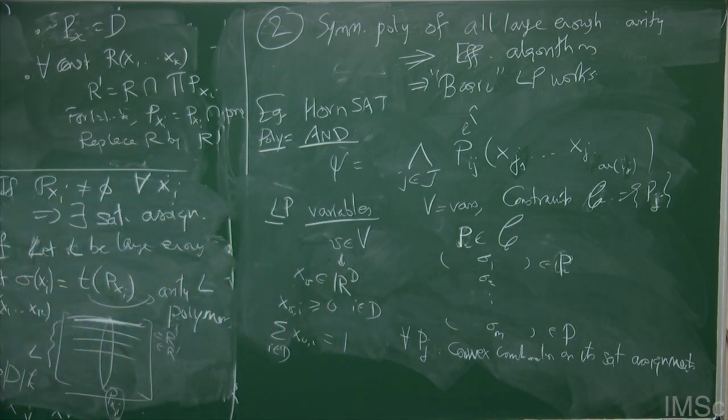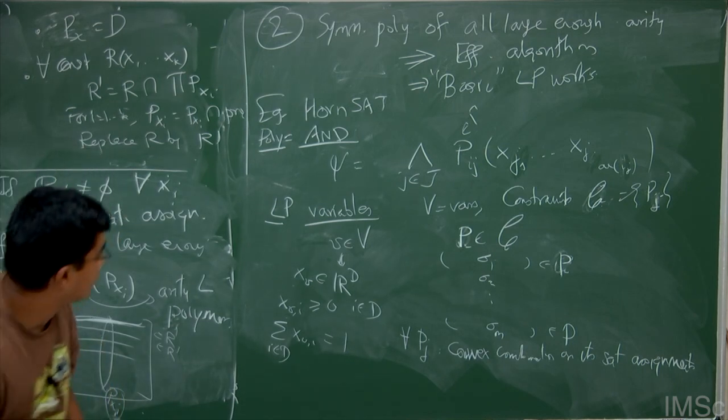It certainly works for the Boolean case. Now in the non-Boolean case, it's a little bit difficult to write down. So let me try to still explain it in this.